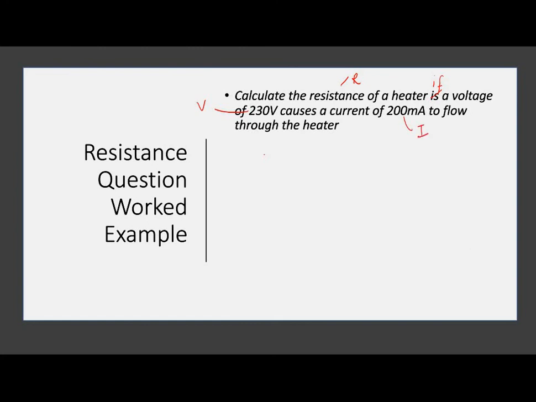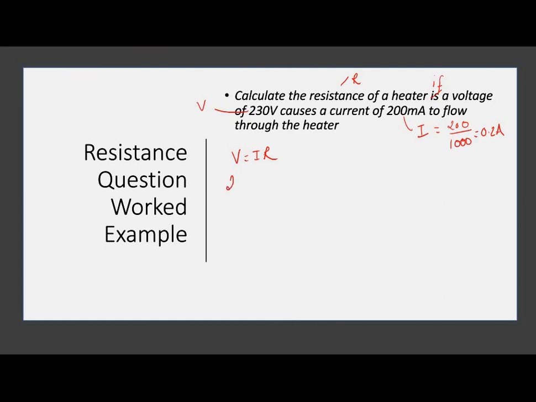Now remember, we want our current in amps rather than milliamps. So actually we're going to convert that by dividing 200 by 1000, which gives us 0.2 amps. Okay, so our equation is V equals IR. This time I'm going to substitute in the numbers first.